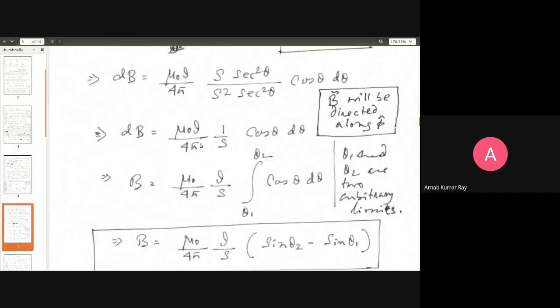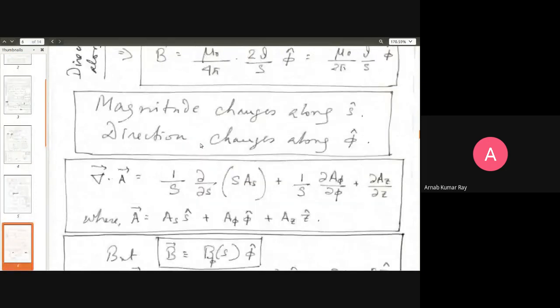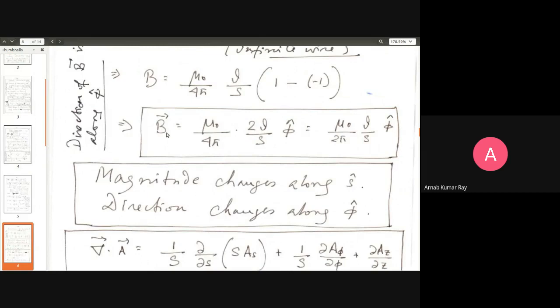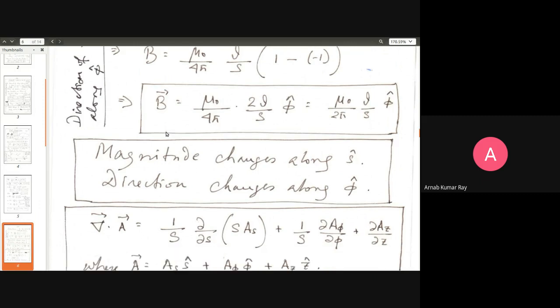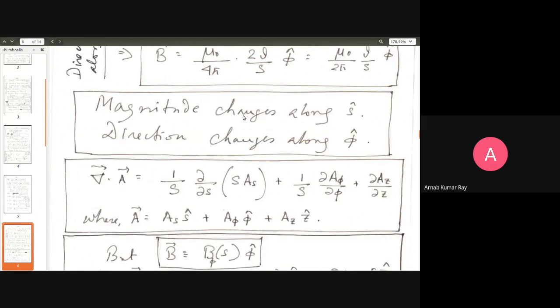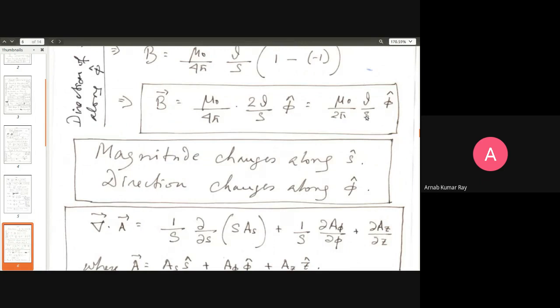Okay, so now let us take the divergence of this magnetic field. I told you that the magnetic field will have zero divergence. That you should immediately be able to figure out from the diagram itself that I've just shown. But can we apply this formula to a magnetic field and check for ourselves whether it shows zero divergence or not?